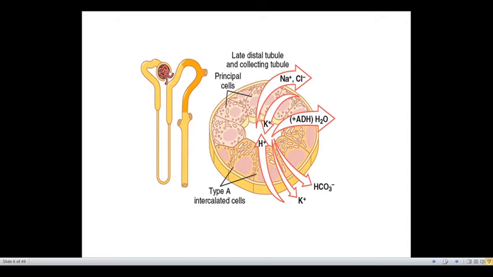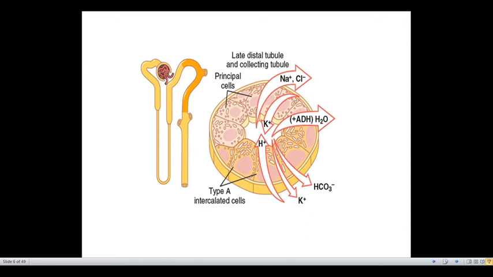These parts of the nephron are composed of two distinct cell types, the principal cells and the intercalated cells. The principal cells reabsorb sodium from the lumen and secrete potassium ions into the lumen.